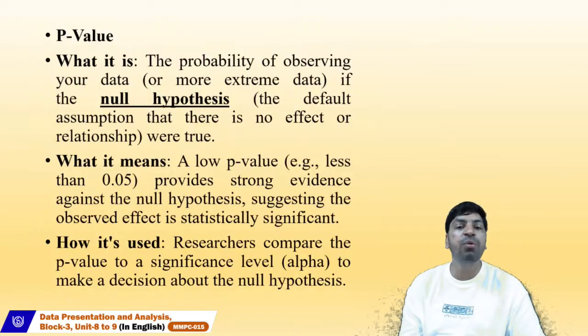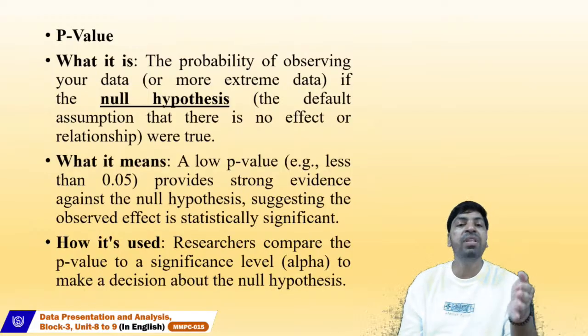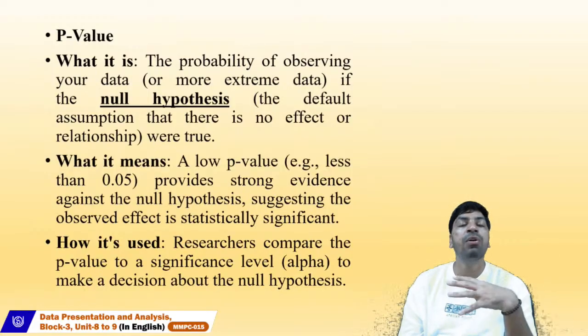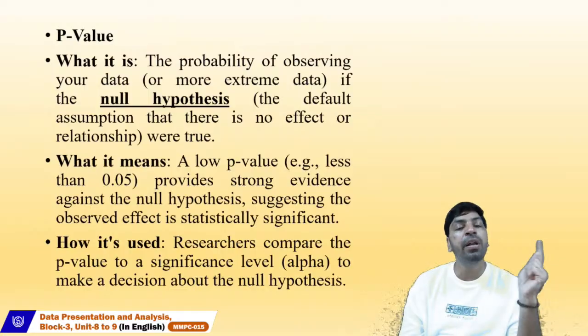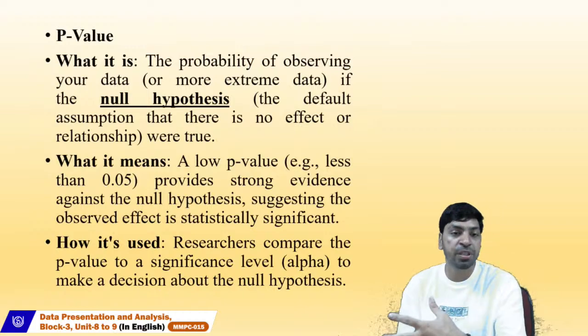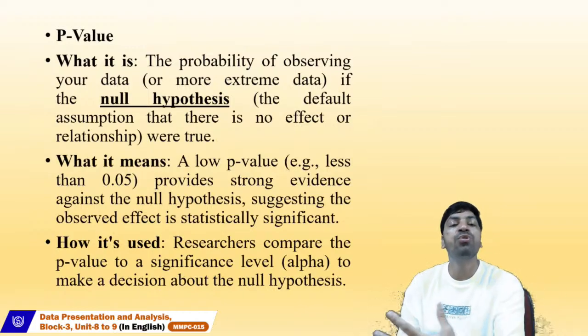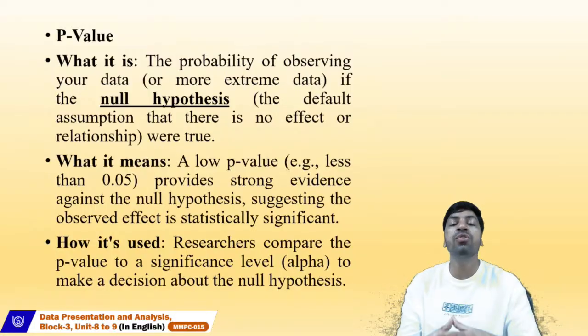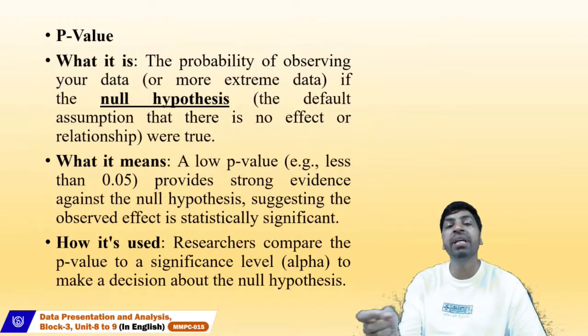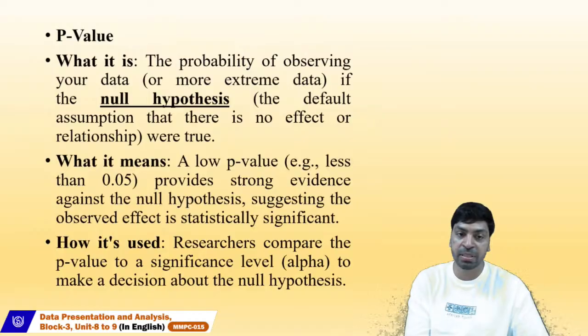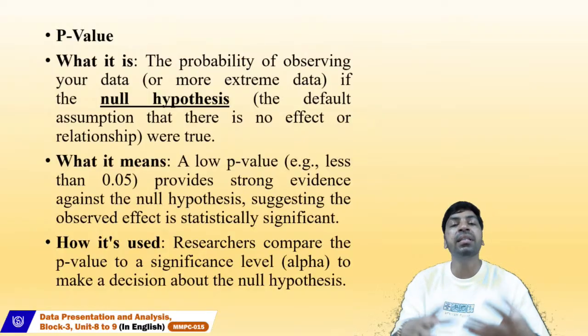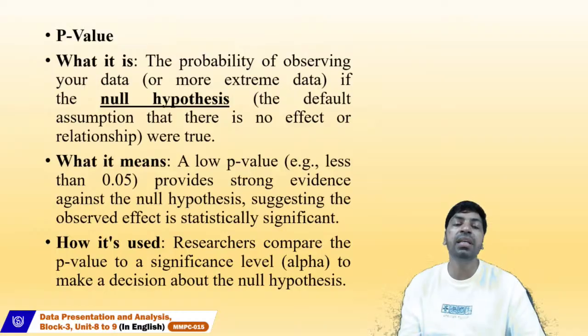A low p-value provides strong evidence against the null hypothesis. If there is no effect or no relationship, a low p-value means that there could be a relationship between the two variables, because a low p-value gives strong evidence against your null hypothesis, which suggests a statistically significant relationship between the two samples or two variables.